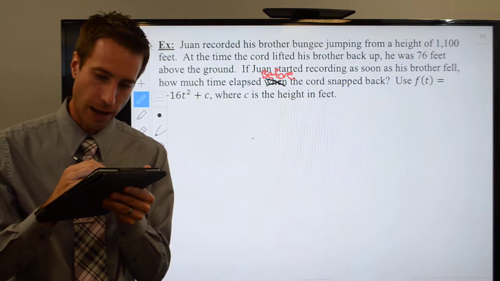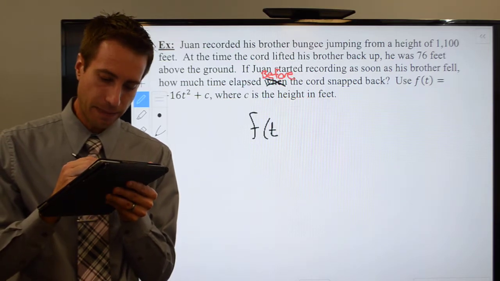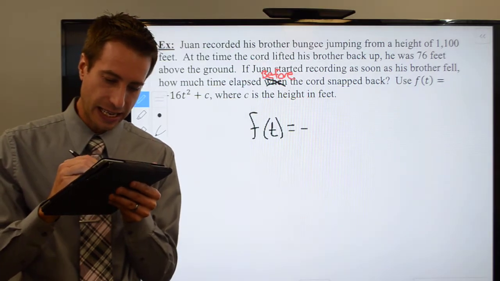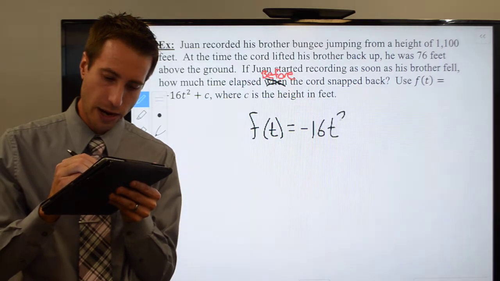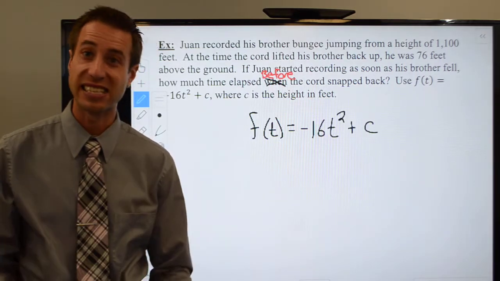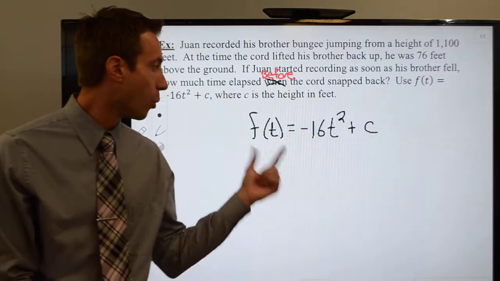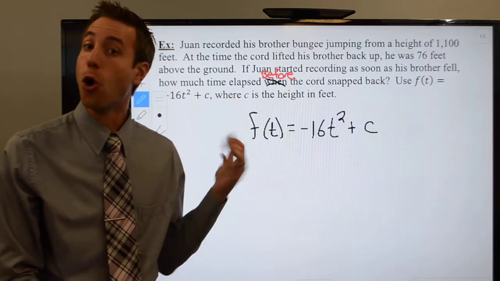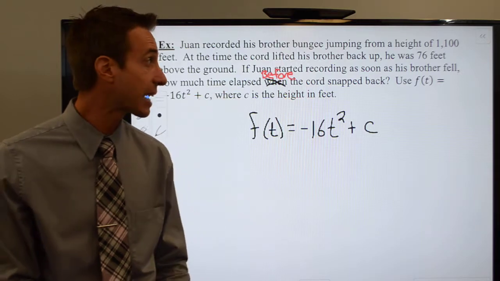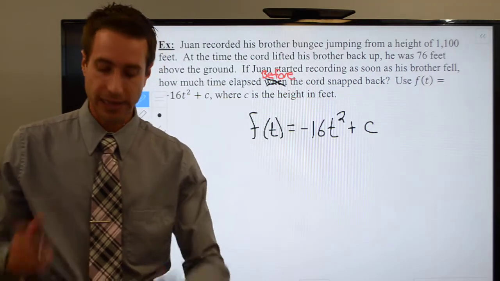Well, here's what we've got. I have given you f of t is equal to negative 16t squared plus c. All right, well, we've got to go ahead and plug some stuff in here. Here's what I know. What is the height of his brother when the bungee cord snaps back? Well, he was at a height of 76 feet.